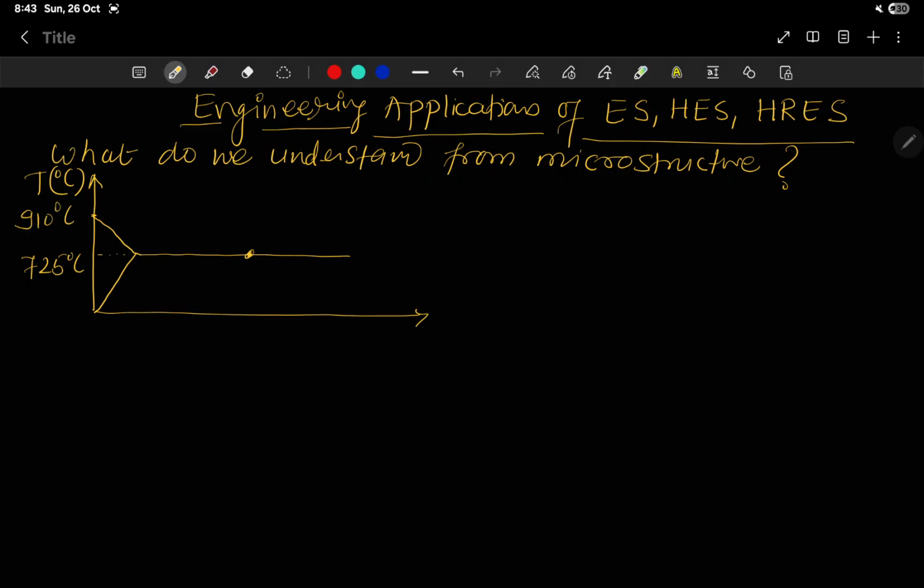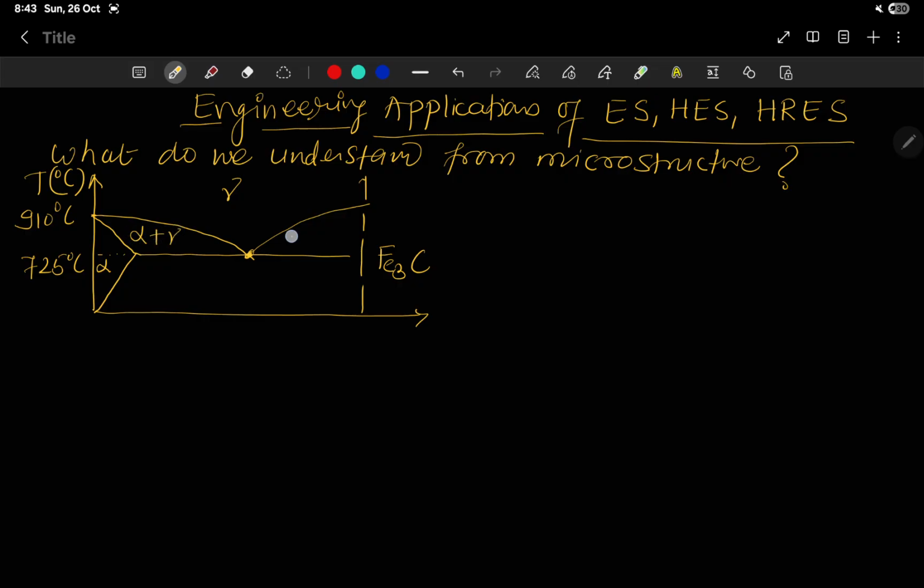Here we have gamma phase, here we have alpha phase, and here we have cementite phase. So can you tell me what will be here?